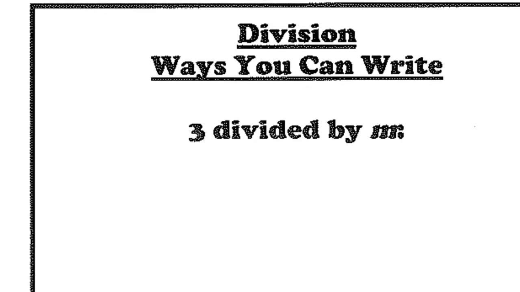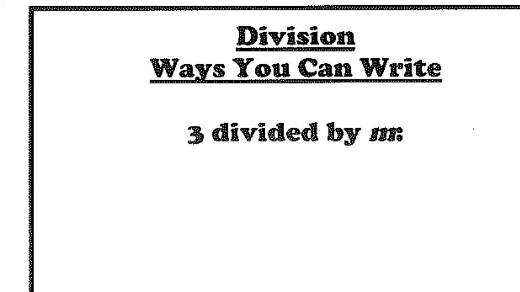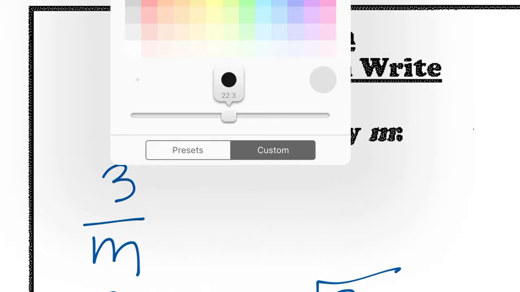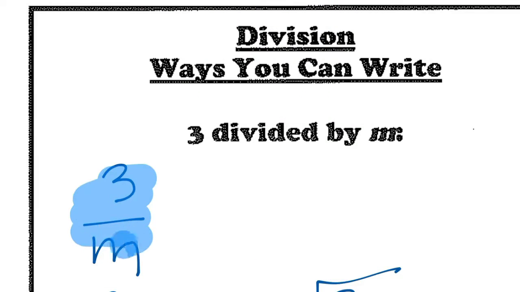When we look at division, ways we can write 3 divided by m, we can write either 3 over m, 3 divided by m, 3 slash m, or 3 divided by m. Those are different ways to write division problems. Again, the most preferred way would be 3 over m.